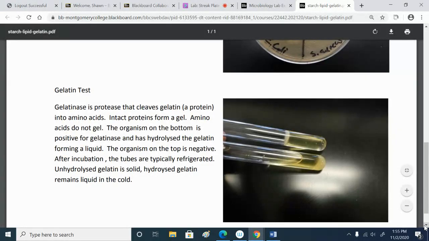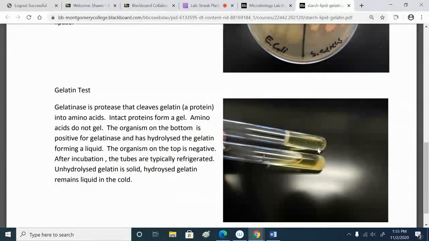If no hydrolysis has occurred, the gelatin will be a solid in the refrigerator. And so the tube on top is still solid, right? These are laying on their sides or being tilted at an angle. And so we have gelatin that's not hydrolyzed on top, and then gelatin that has been hydrolyzed on the bottom. So you see the liquid is at an angle because we're tilting the tubes.